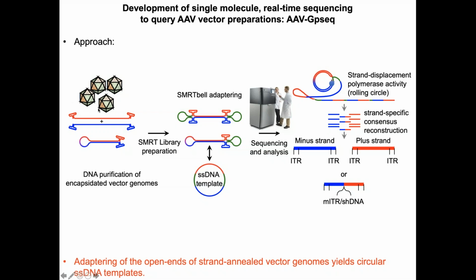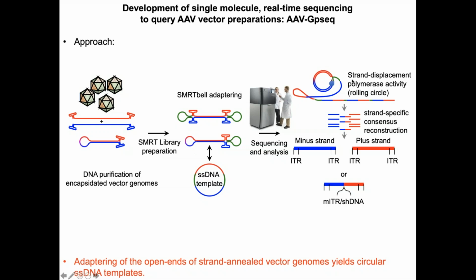sequencing of single-strand AAVs. So we know that when producing AAVs, you can package equal ratios of plus and minus strand genomes. These can undergo strand annealing in solution to yield double-stranded molecules with open ends on both sides of the molecule.